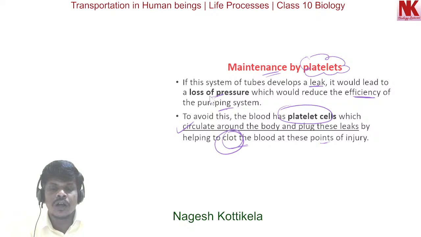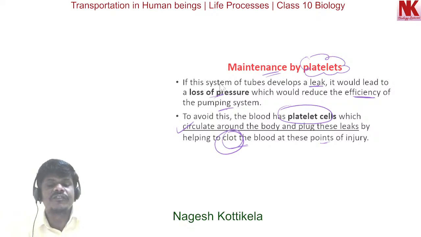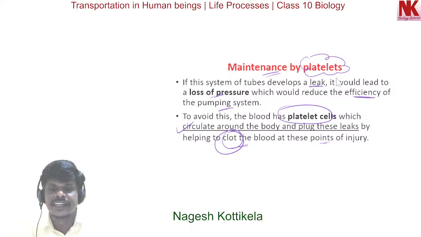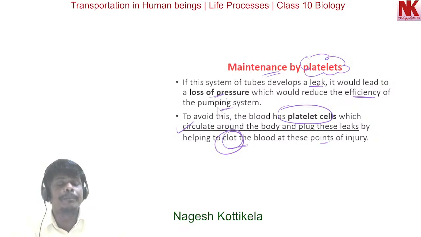So what is happening here? If the blood vessels develop a leak, it would lead to a loss of pressure, which would reduce the efficiency of the pumping system.